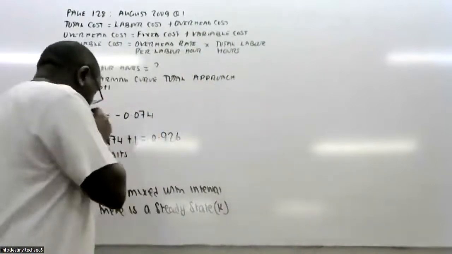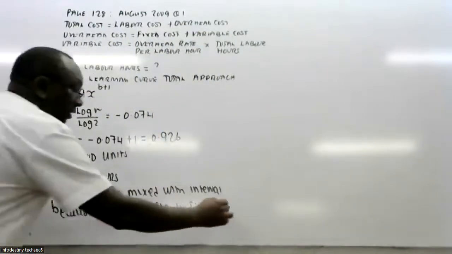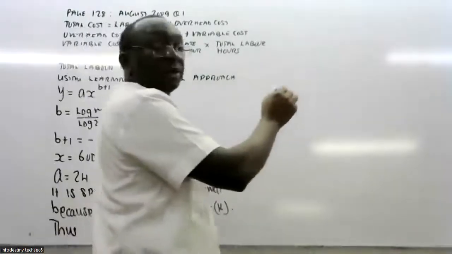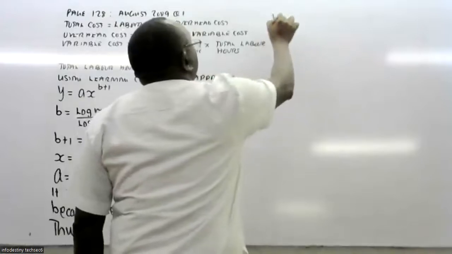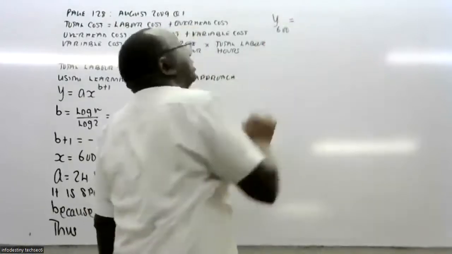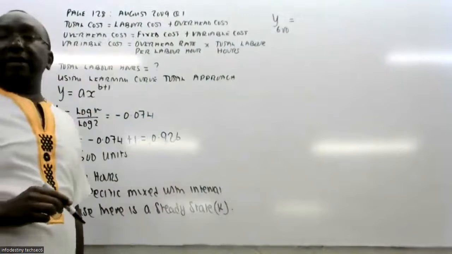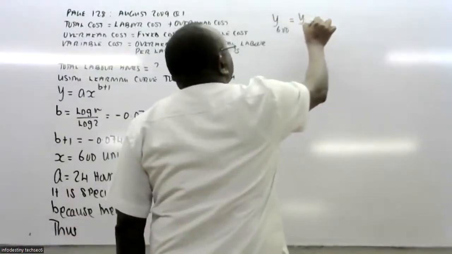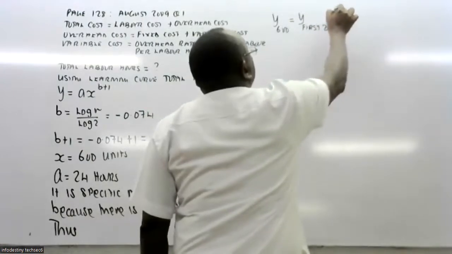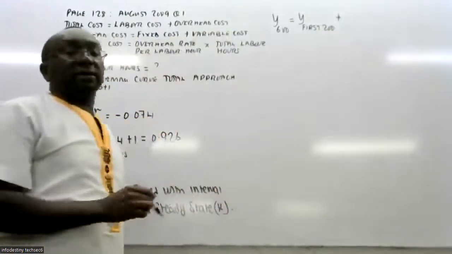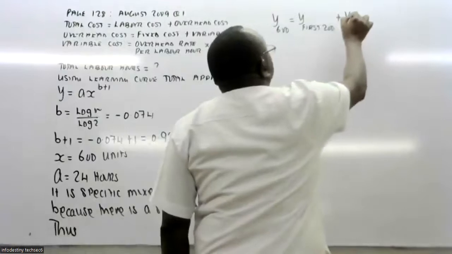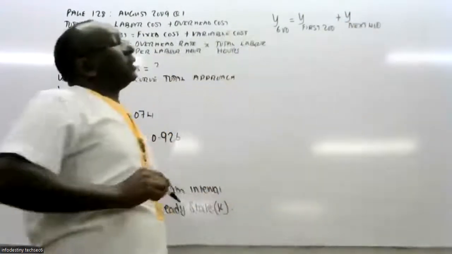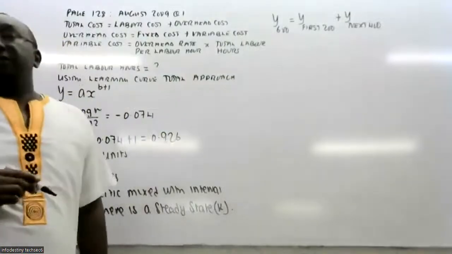And it then means that Y for the 600 will be Y for the first 200 plus Y for the next 400.